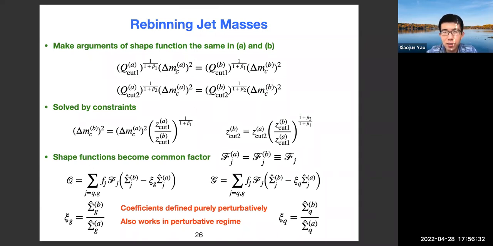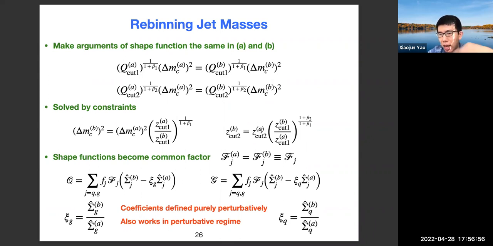We can require that this combination in the A set is equal to this combination in the B set, and similarly for the second soft jet in the definition. By solving these constraint equations, we find a relation connecting the jet mass in the A set and the jet mass in the B set. They are connected by these z-cut parameters.